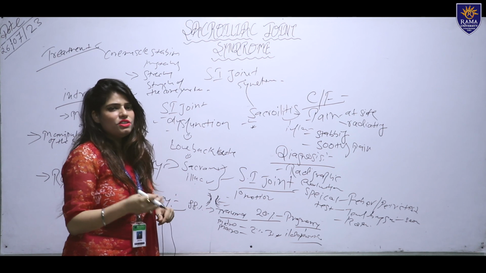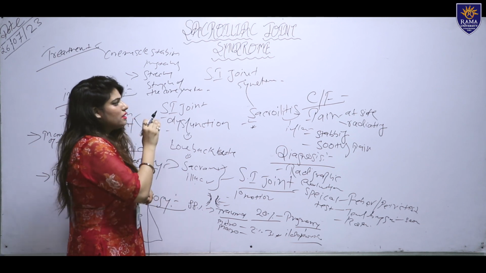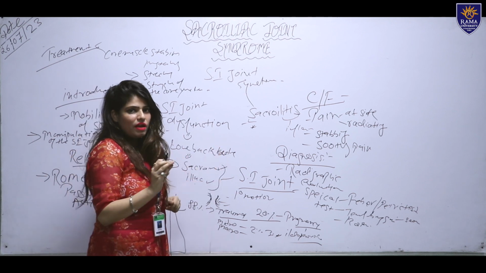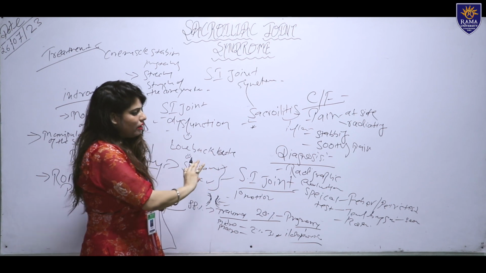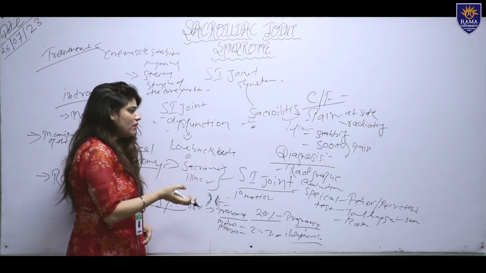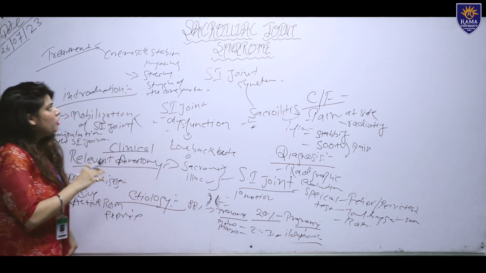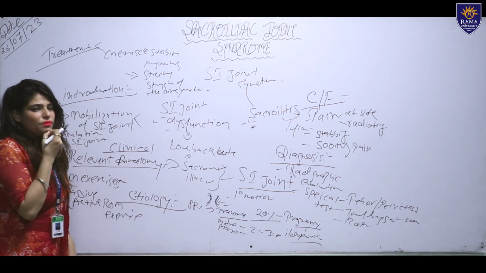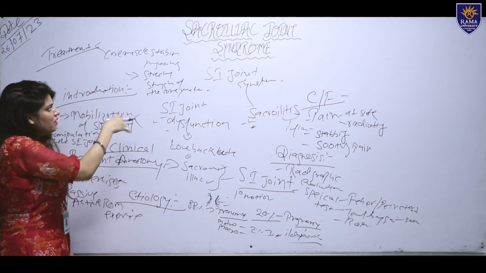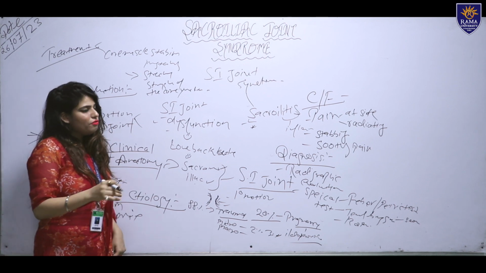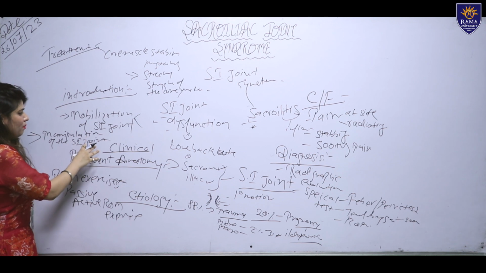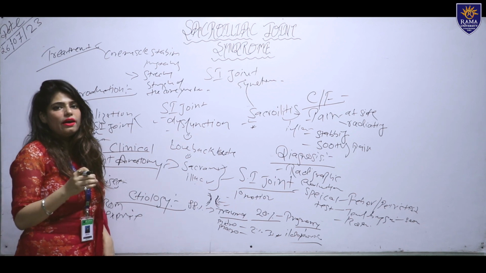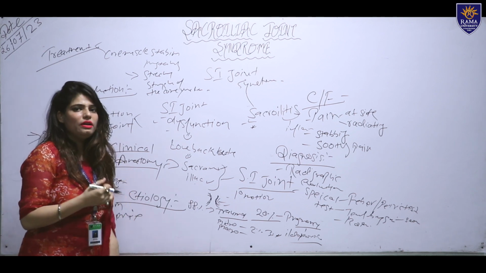For diagnosis, there is radiographic evaluation and the special test, the FABER-Patrick test, and the Trendelenburg gait that we see in SI joint dysfunction. Treatment depends upon the degree of SI joint dysfunction. First is PT management, core muscle strengthening with a physio ball, and mobilization and manipulation depending upon the grade of injury, and lastly range of motion exercises, gait training, and balance training are required for SI joint dysfunction.